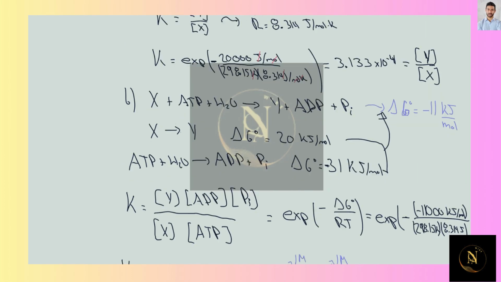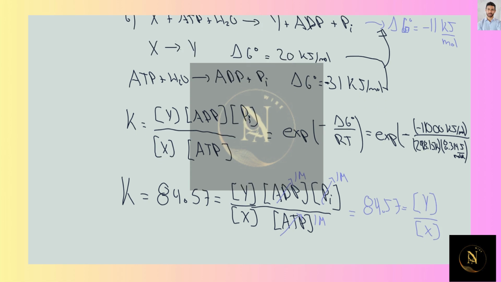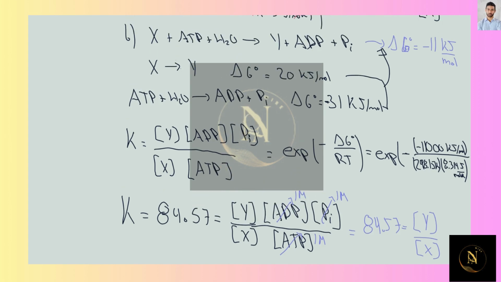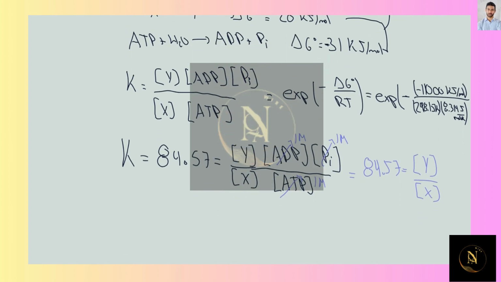So that is what happens when we couple the hydrolysis of ATP to a biochemical reaction that is unfavorable by thermodynamics. You can make it favorable because of the delta G of the ATP hydrolysis.